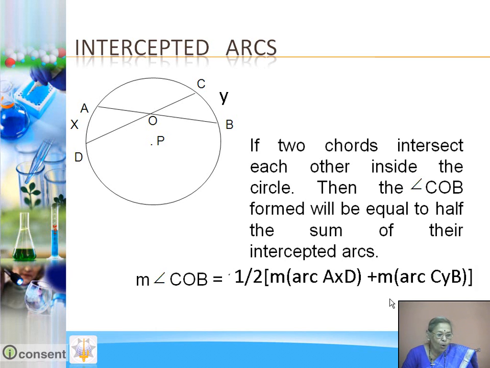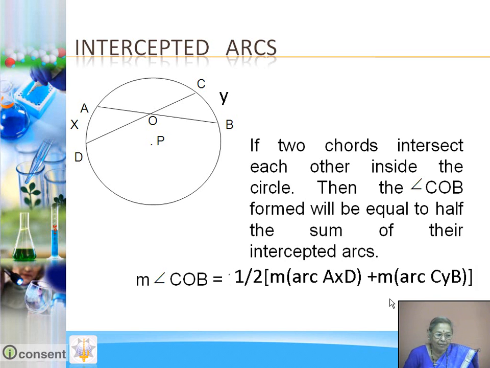Measure of angle BOC is equal to half the measure of sum of the arcs. Here the arcs formed are AXD and BYC, or it is also called as CYB. Now let us see one example based on this.